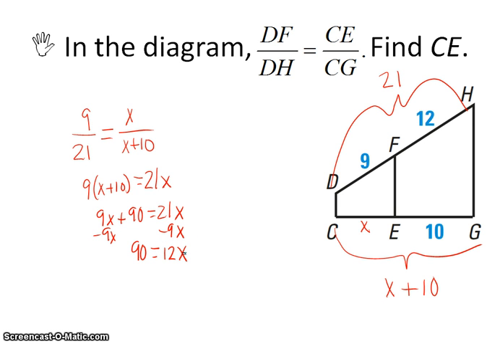And then 90 divided by 12 is going to give me, I either can use a decimal here, and x would be equal to 7.5. I could use an improper fraction, say it's 15 over 2. So I have solved for x, and either one would be acceptable.